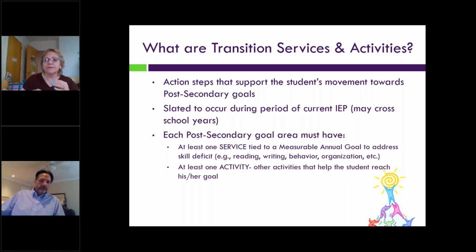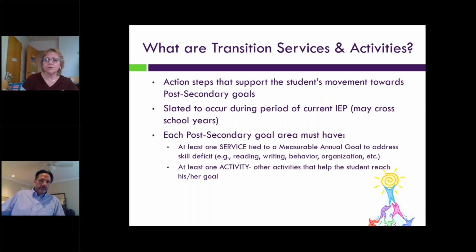And sometimes some of those activities or services might happen in multiple years. For example, maybe every year you have a college fair. A student might really benefit by attending those college fairs, maybe once or twice, to try and figure out where they want to go to college. What do they maybe want to take up in college? Things like that.